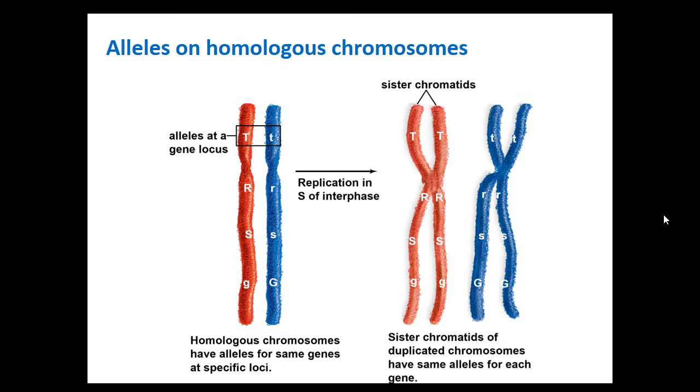They could be the same, or they could be different versions, different alleles for that gene. When a chromosome is duplicated in S phase of interphase, so the cell's going to divide, then those sister chromatids will have identical alleles on them. They're copies. And until maybe crossing over would happen during meiosis, then they could swap parts.